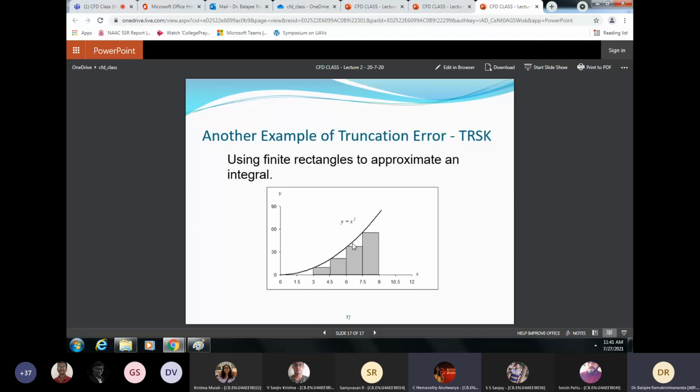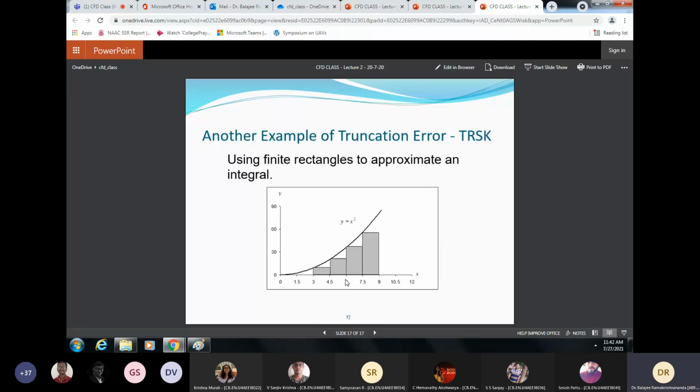Yes. Correct. So you can reduce that error by increasing the number of rectangles, or in other words, reducing the delta x between every rectangle. Every rectangle has a small delta x now. Here the delta x between rectangles is 1.5. See, 3 to 4.5, 4.5 to 6.